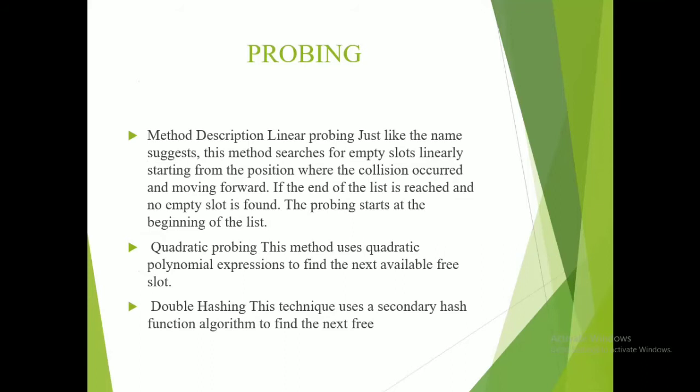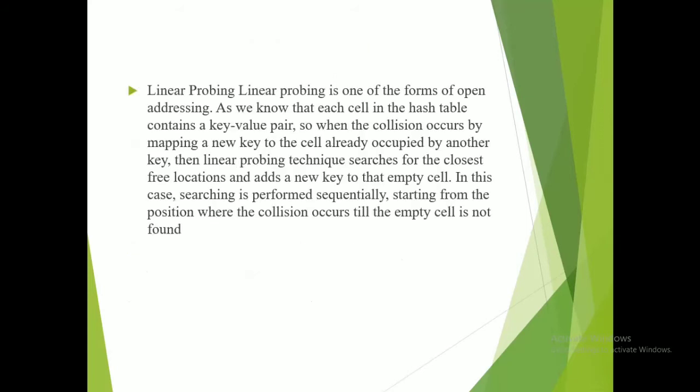If the end of the list is reached and no empty slot is found, the probing starts at the beginning of the list. Quadratic probing uses a quadratic polynomial expression to find the next available free slot. Double hashing uses a secondary hash function to find the next free slot.